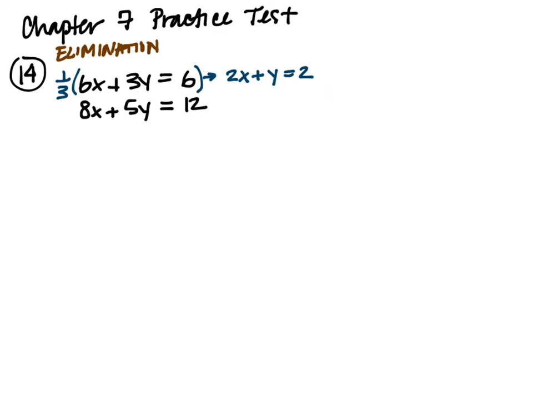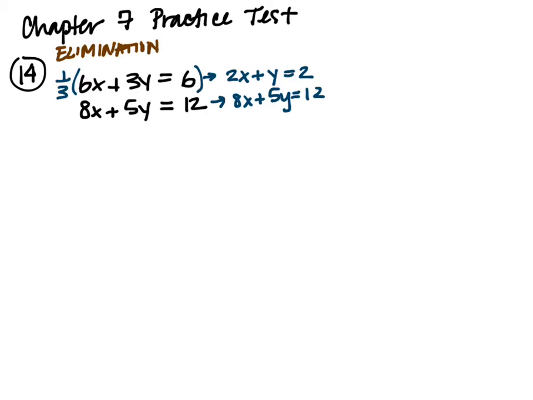So if I was to take a look at this, I can keep this the same, but I still have to do another type of multiplication because I don't have an additive opposite. So if I had 8x plus 5y is equal to 12, again, I'm still looking for those additive opposite sections, so those are not yet additive opposites. Neither are those, and neither are those. However, I can multiply again and make that occur.